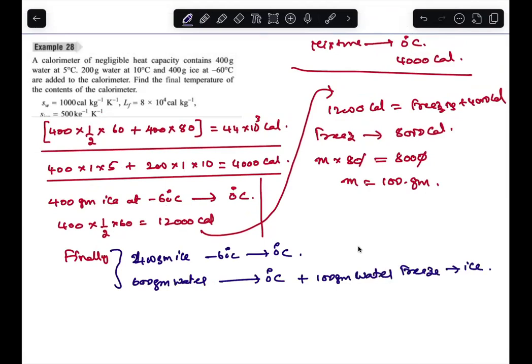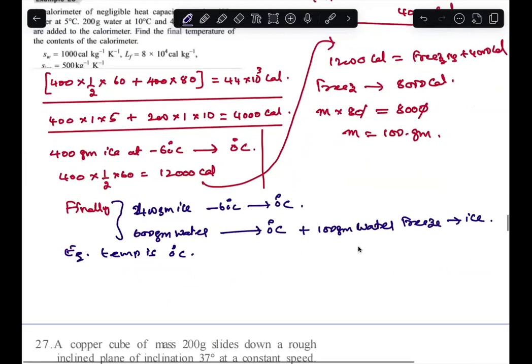So finally, equilibrium temperature is 0 degrees centigrade. You have 500 grams of water and 500 grams of ice at that temperature. So my conclusion: 500 grams ice, 500 grams of water.